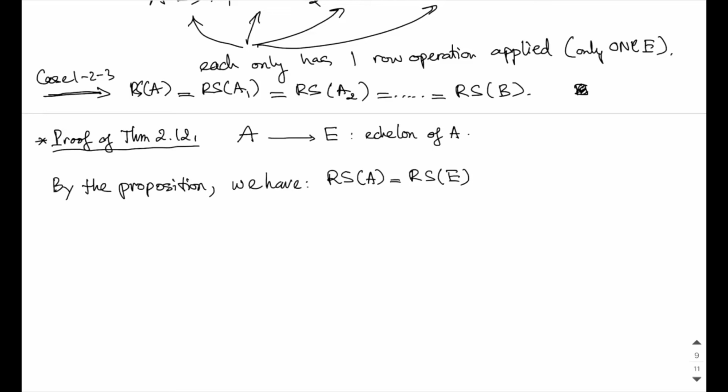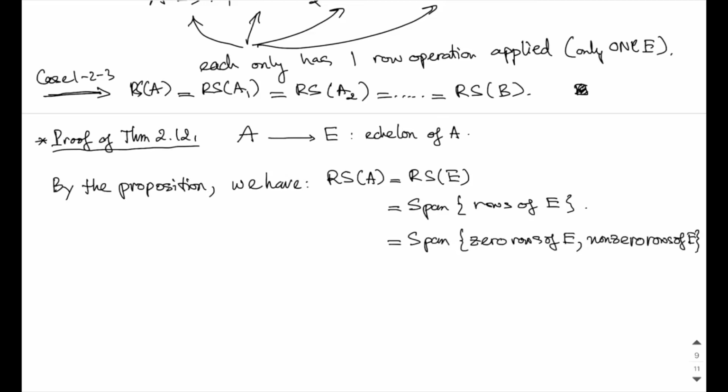But what is the row space of E? The row space of E is actually the span of the rows of E. Now for the rows of E in any echelon form, you may have a bunch of 0 rows and then non-zero rows, right? So this turns out to be the span of the 0 rows of E and the non-zero rows of E.